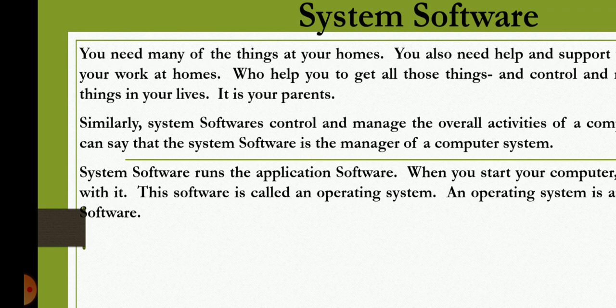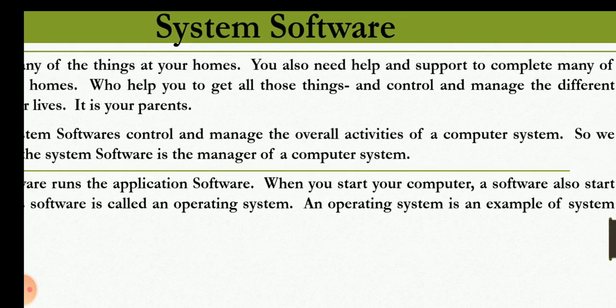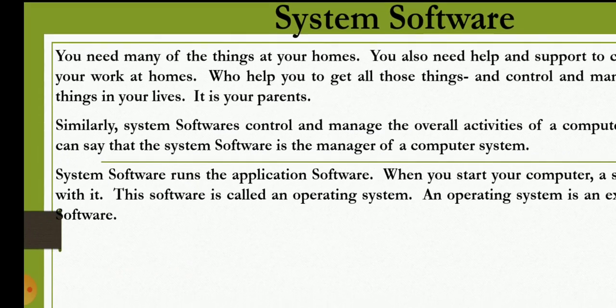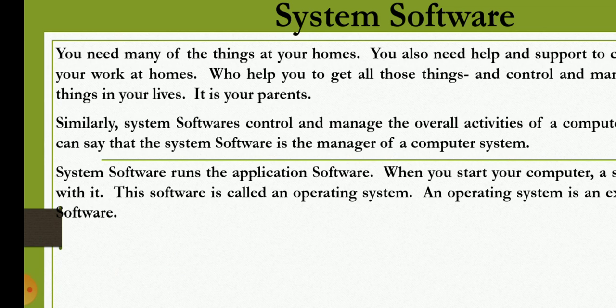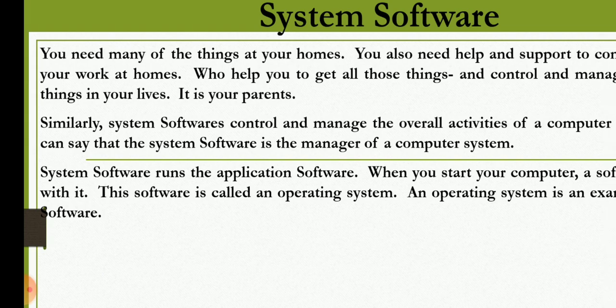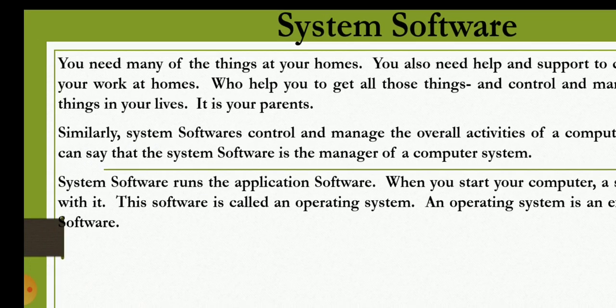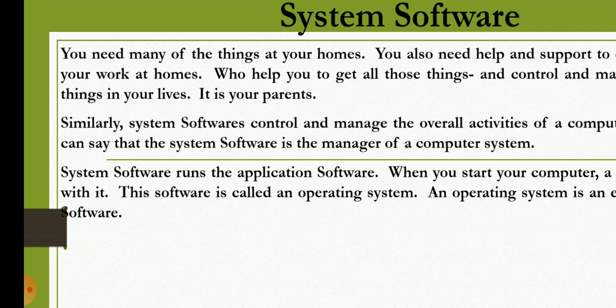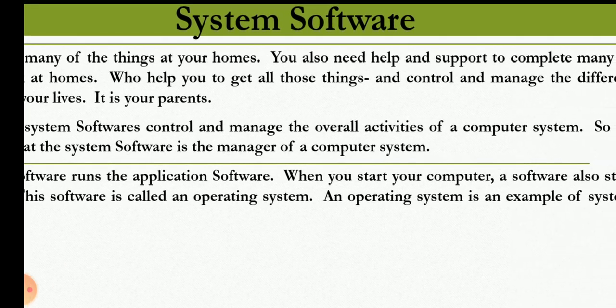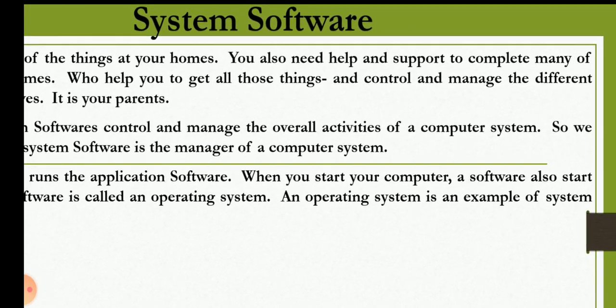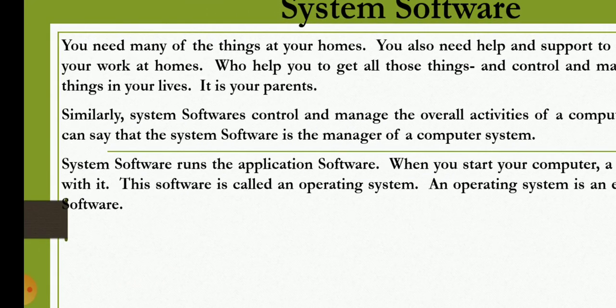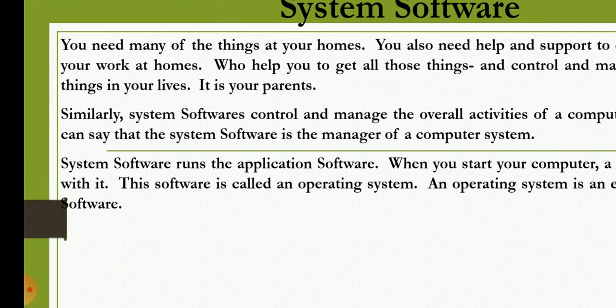You also need help and support to complete many of your works at home. Who helps you to get all these things and controls and manages all the different things in your lives? It is your parents. Similarly, system software controls and manages the overall activities of a computer system. So we can say that system software is the manager of a computer system.